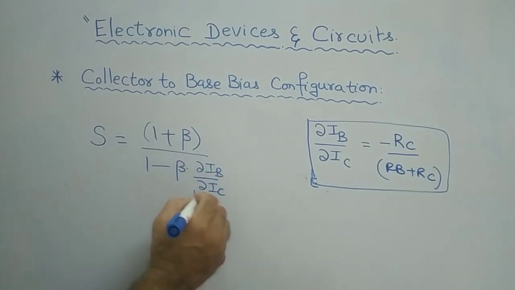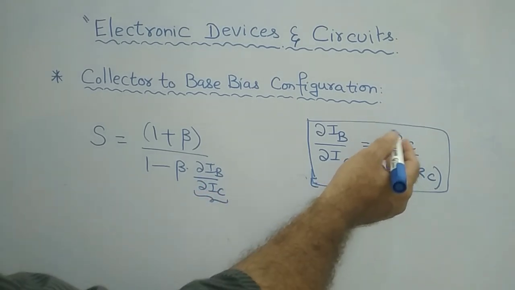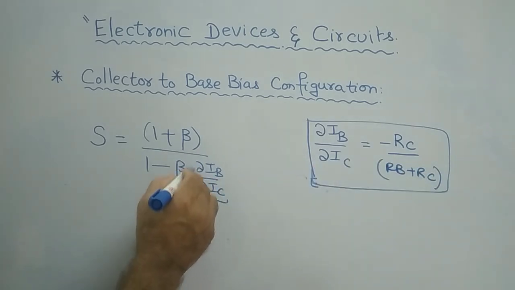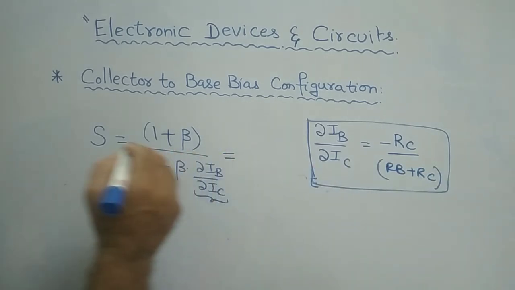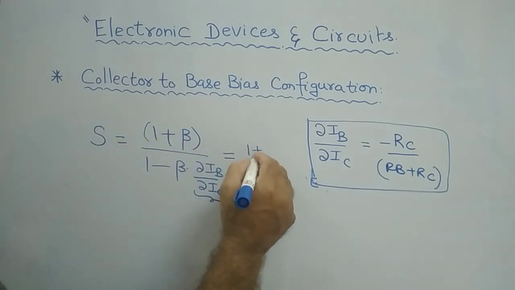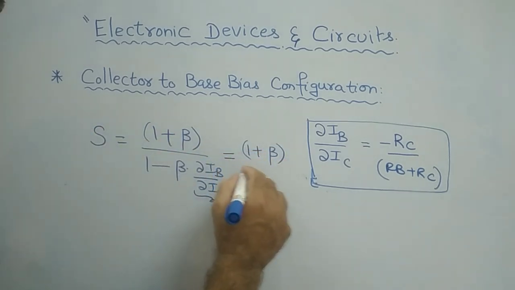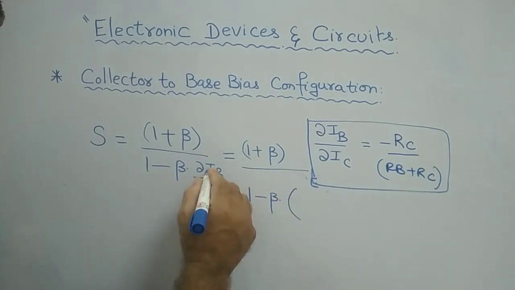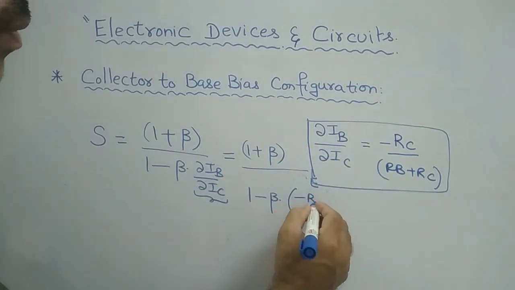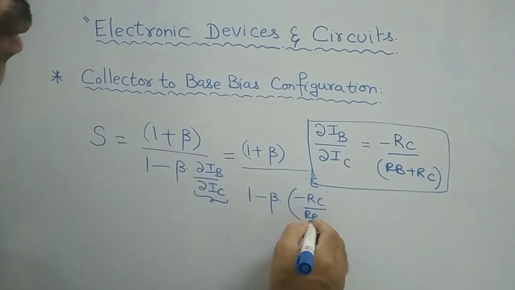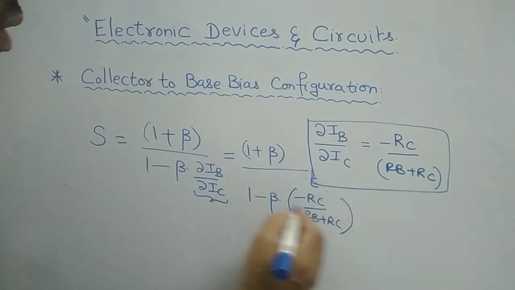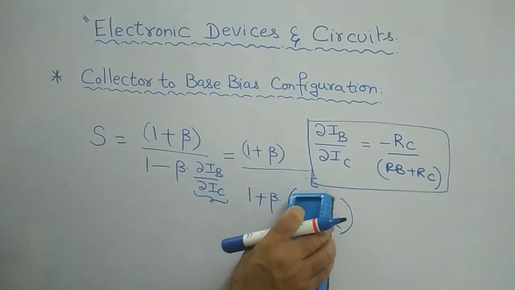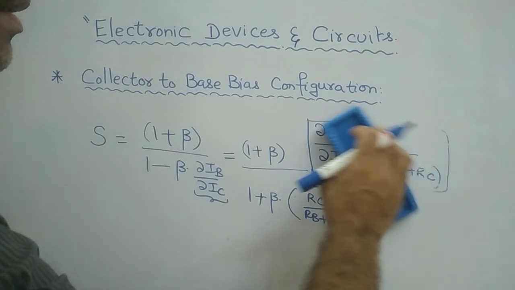So at this place, substitute this value. Dou IB by dou IC is nothing but minus RC by RB plus RC. Clear? So here minus into minus is plus, therefore you will get plus.